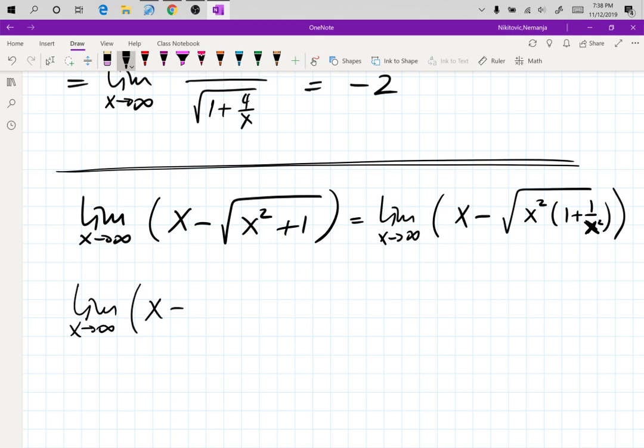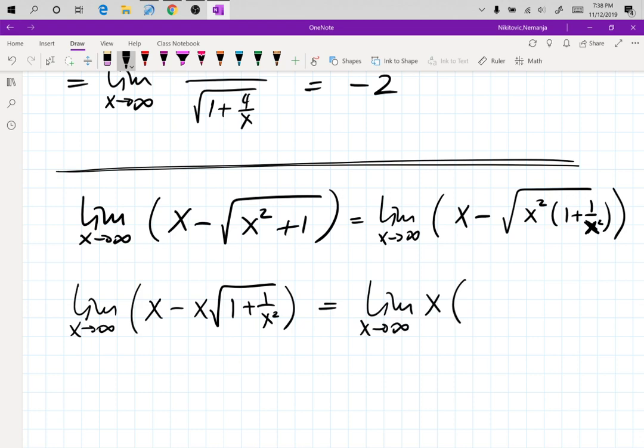So now we have x minus x square root of 1 plus 1 over x squared. And then we factor out x. So limit x goes to infinity, factor out x, we are left with 1 minus square root of 1 plus 1 over x squared.